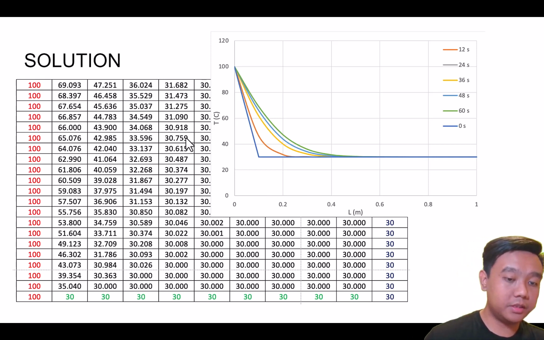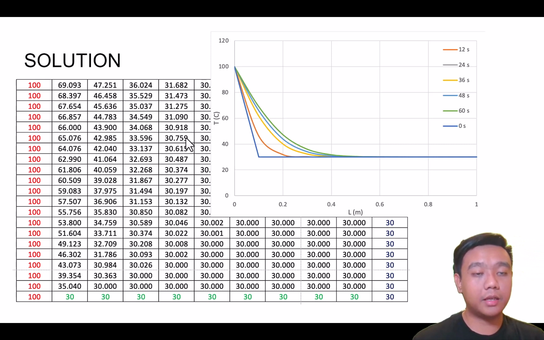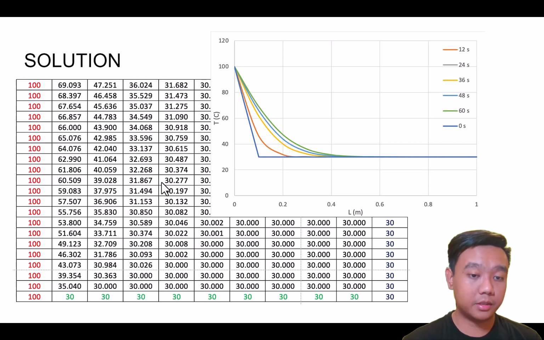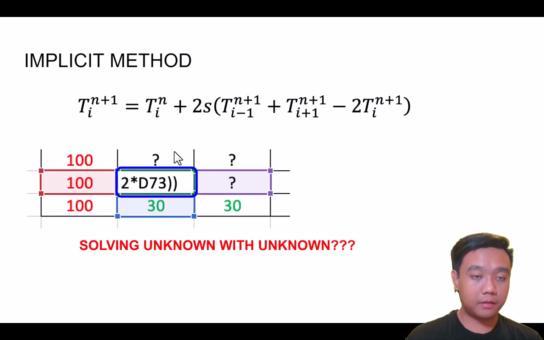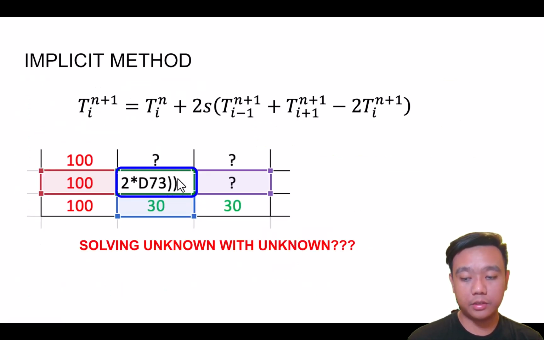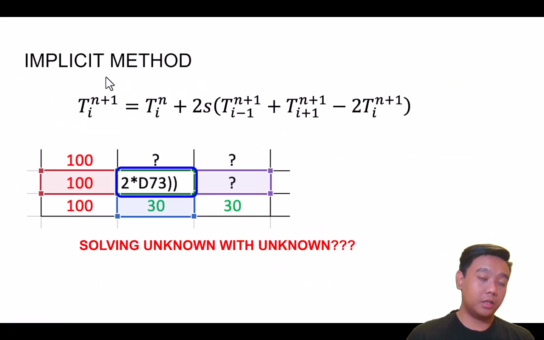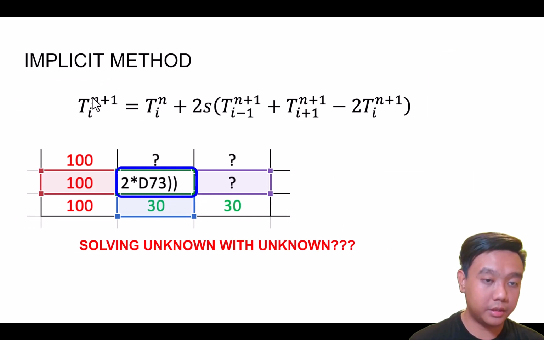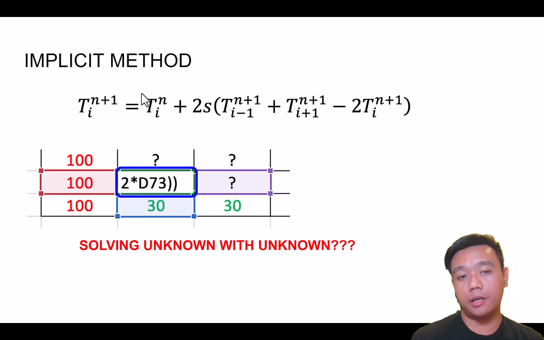So actually, the idea of the numerical method is just like this. The other method to get this whole table is using the implicit method. The implicit method uses n plus 1 on the left and the right side of the equation.